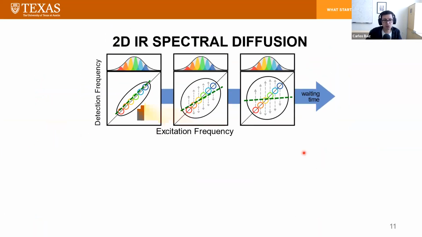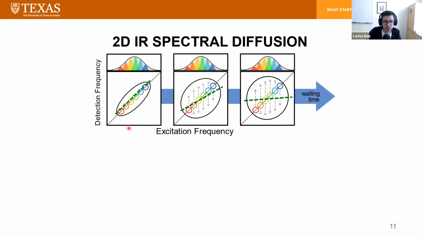For that, we use two-dimensional infrared absorption spectroscopy. If you're familiar with 2D NMR, this is the infrared analog of 2D NMR. If you're not familiar with 2D NMR, that's okay, I'm going to explain this in just one second. What you need to understand for this technique is that we have two frequency axes. That's what two-dimensional means here. It's not spatially resolved, but it's spectrally resolved.